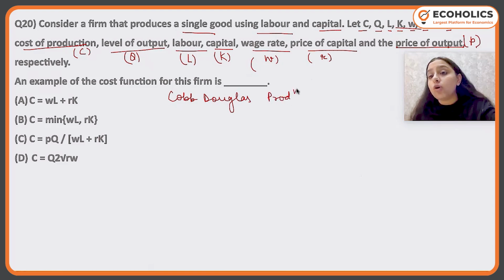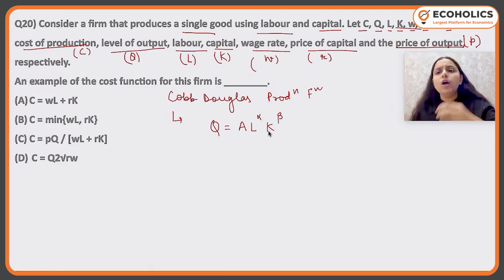So how do we write a Cobb-Douglas production function? It is given by Q equals A, L raised to the power alpha, K raised to the power beta, where alpha and beta can take their own values. Now, when in such questions the form of the Cobb-Douglas production function is not given, you have to take the standard form.